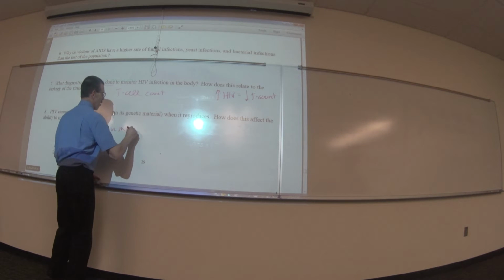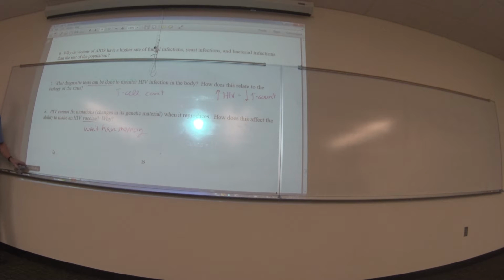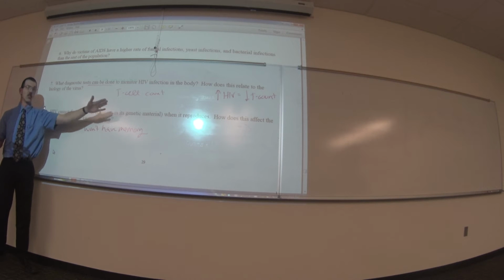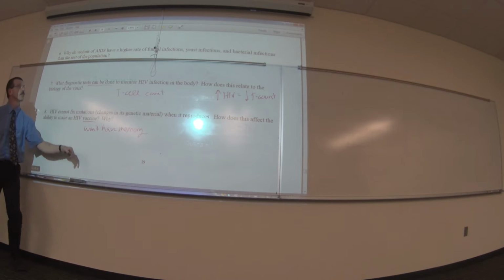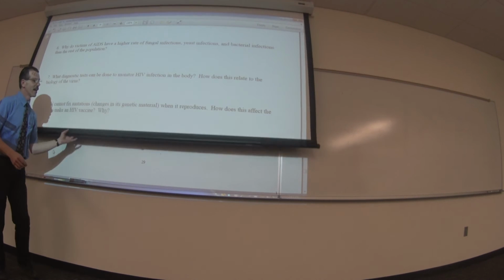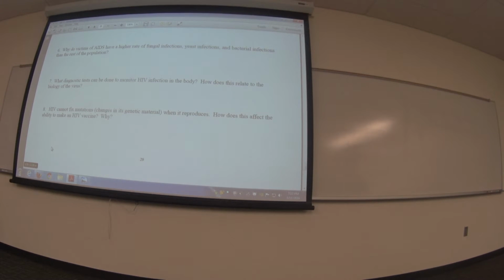Can someone tell me why I would no longer have memory if the virus changes? It'll look different, right? The concept of a vaccine is that it has to be the same looking thing as the first time. If the virus changes, it's going to look different every time I see it. Therefore, I won't remember it. So you're saying that HIV doesn't have a consistent code?